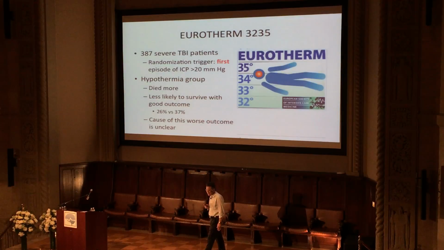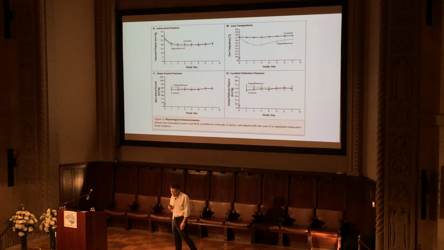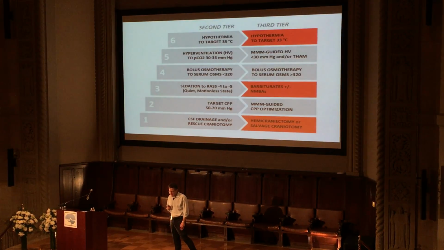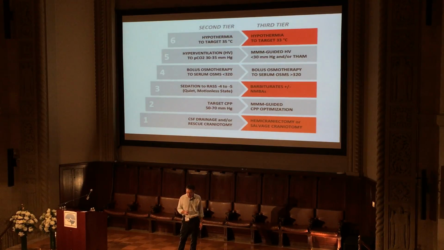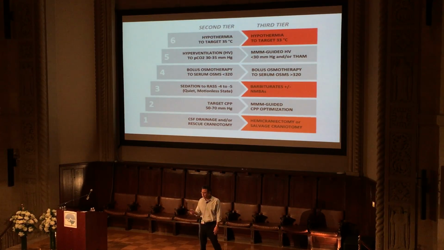I'm kind of running out of time, so I'm just going to end with this slide. I showed you this before. I think hypothermia is off the map. And so we really did hit a very interesting conundrum.